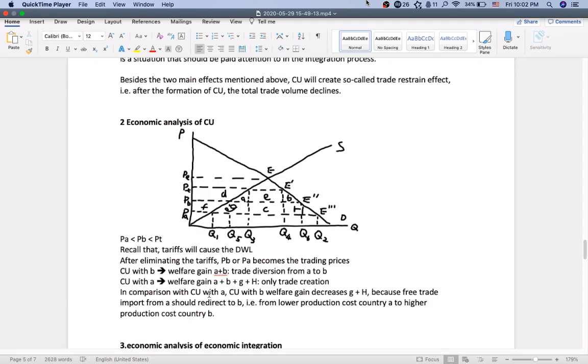And in comparison with the CU with A, the CU with B welfare gain decreases by G and H, because free trade imports from A should be redirected to B, and this is from a lower production cost country to a higher production cost country. This means that is the diversion or transfer.